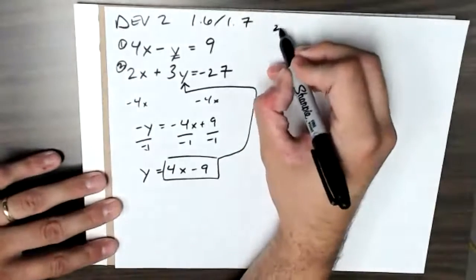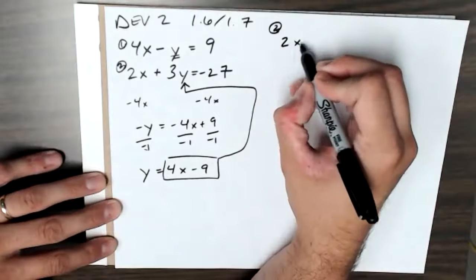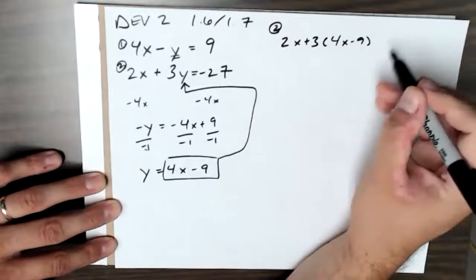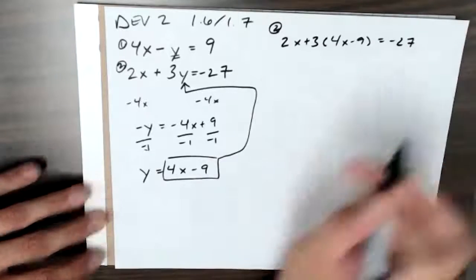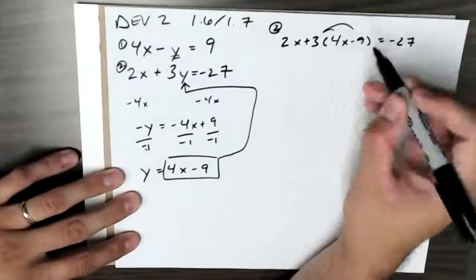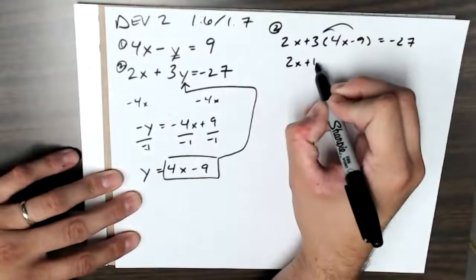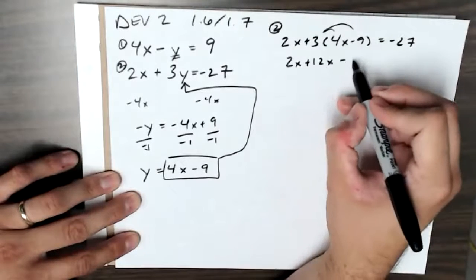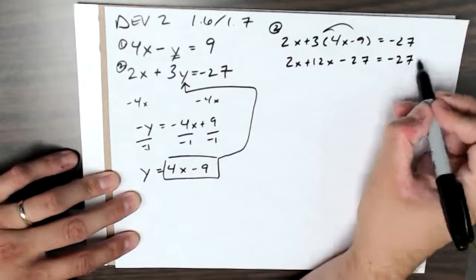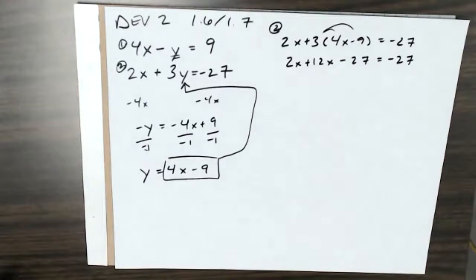So I get, this is equation 2 now, 2x plus 3 times 4x minus 9 equals negative 27. So distribute the 3, and I get 2x plus 12x minus 27.